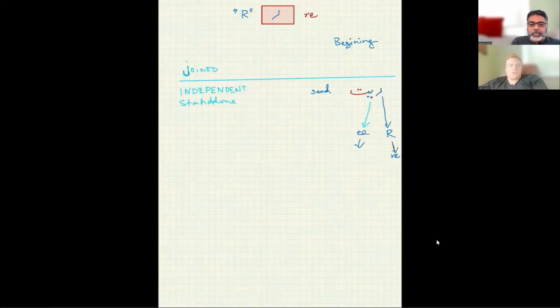And choti Ye in its independent form looks like this. And then this te has been just added to the end. So this is the soft T, and it looks standalone like this.